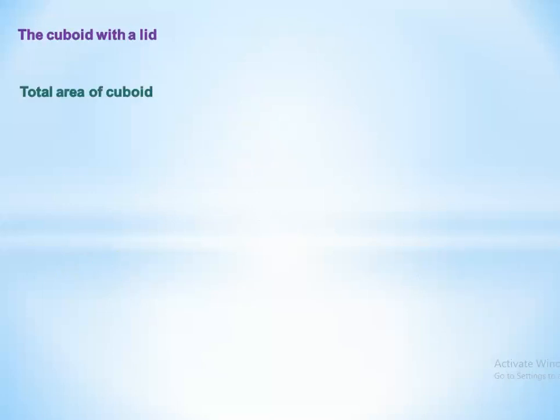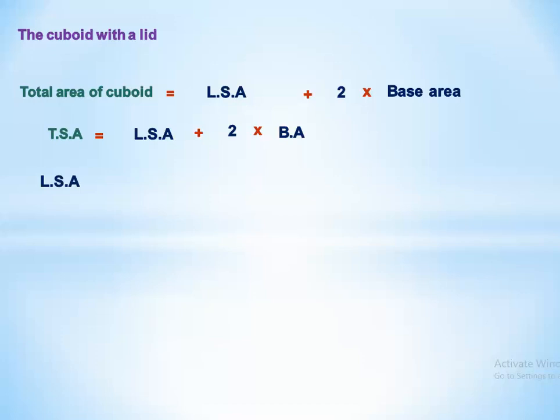Total area. If we have a cuboid with a lid, we have 6 faces. So it will be lateral area plus the area of the 2 bases, or 2 times base area. So TSA equals LSA plus 2 times base area.